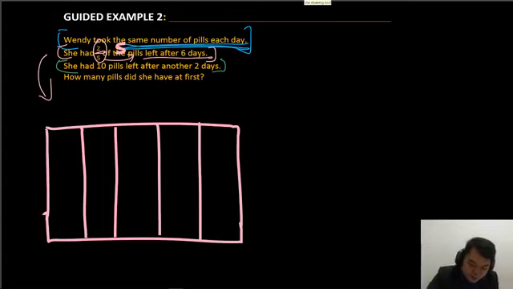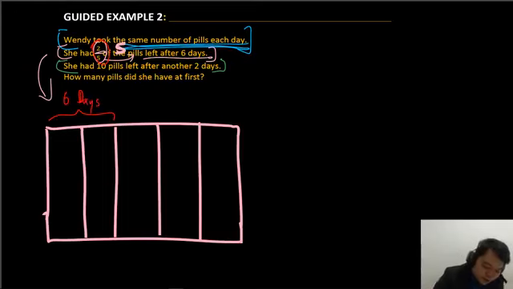Okay, so here is one confusion alert. She had 2/5 of the pills left after 6 days. So one confusion alert over here is that some of you are going to say that she consumed 2 out of a total of 5 in 6 days.